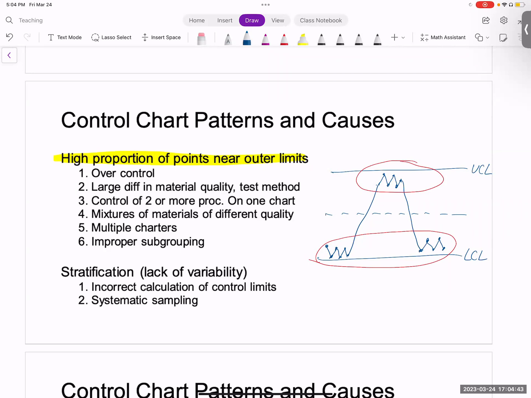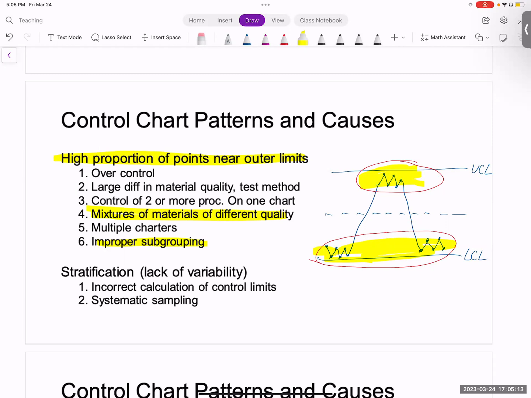One of these clusters, maybe the top one, will represent one type of product that you're using, and the other could represent the other quality of product that you're using, right? And so this also happens when you have a mixture of materials of different quality. Maybe the top one belongs to one quality, the bottom one belongs to another quality, right? This can also happen because of improper subgrouping, so that should also be taken care of.